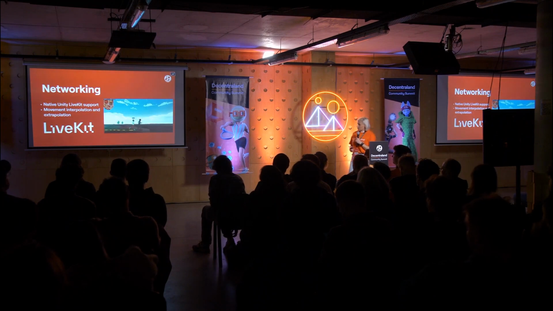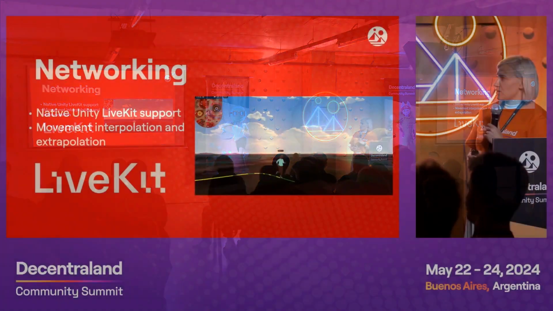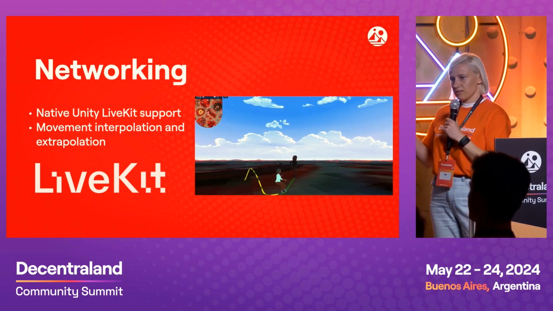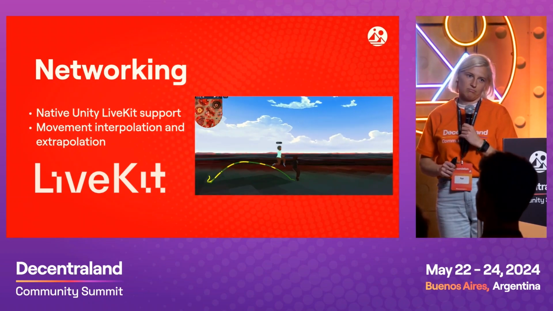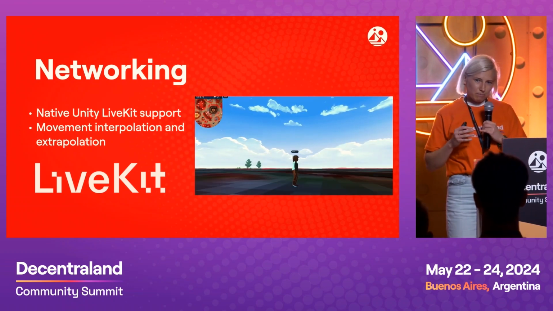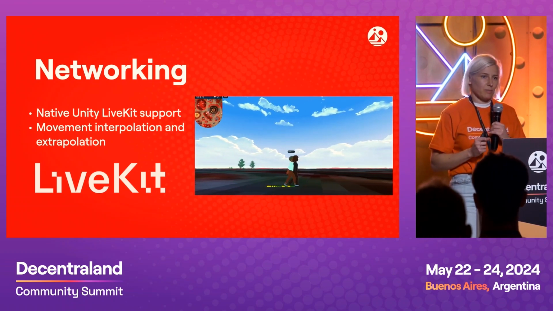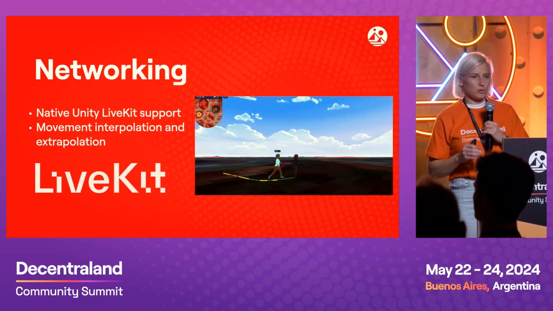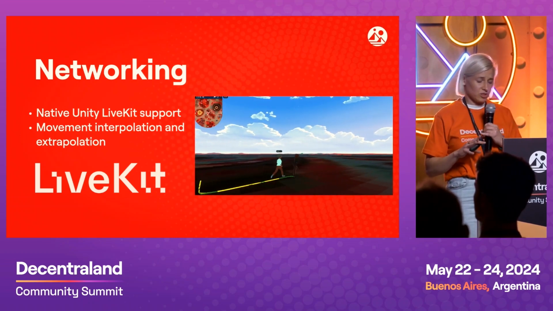You can also see a much better representation of the avatar path following you. Basically, you can see all the other avatars when you enter the world. They try to follow a more accurate path, even if the network conditions are not that stable.